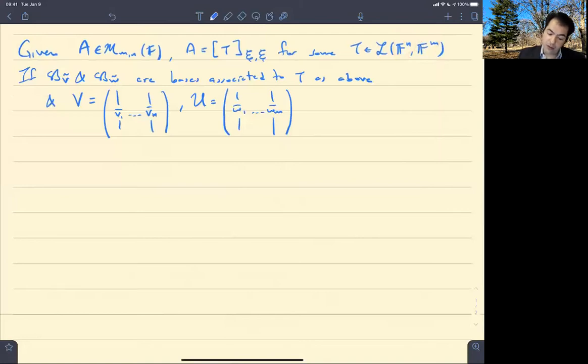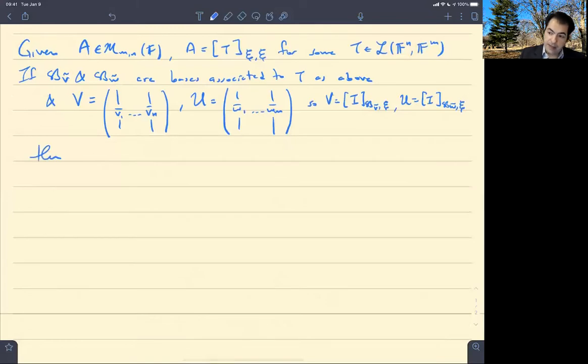So if these are the bases associated as above, and we write V as the matrix with columns v1 through vn, and U as the matrix with columns w1 through wm, so you'll recall this makes V the change of basis matrix from BV to E, and U the change of basis matrix from BW to E. Then A, which is the matrix associated to T with respect to the standard bases, I can write this as a change of basis matrix, and then the matrix for T, and then a change of basis matrix.